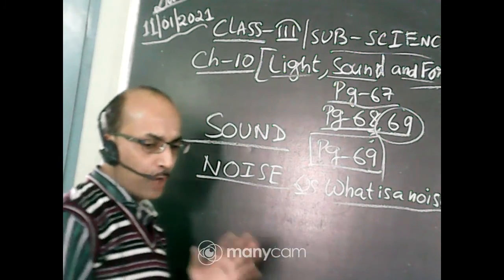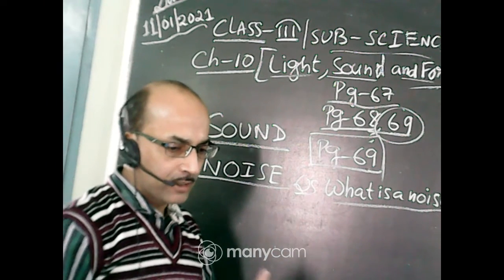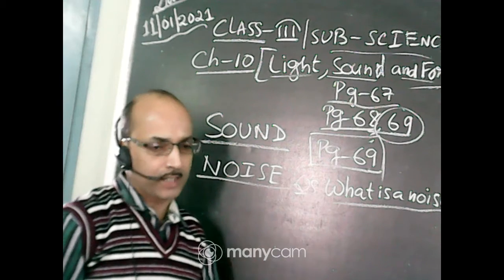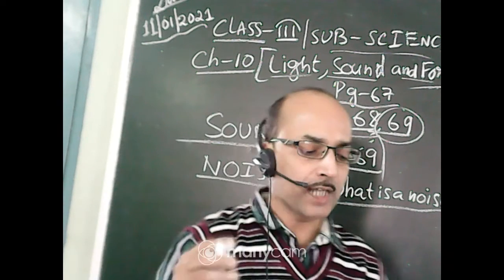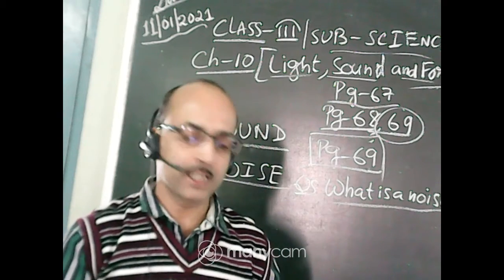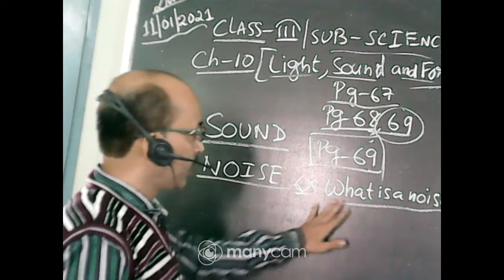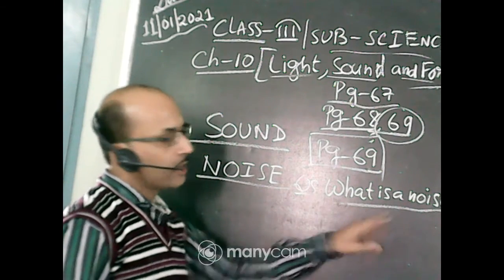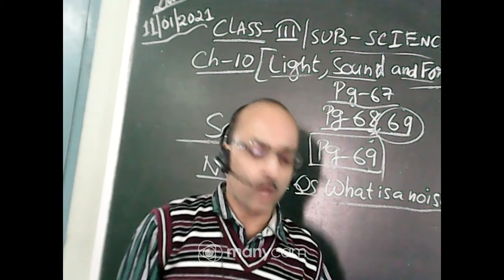Okay, if you have any problem in seeing the board, you just cut the call and rejoin again. So sound that is loud and unpleasant is called noise. You can underline there. This is the answer.